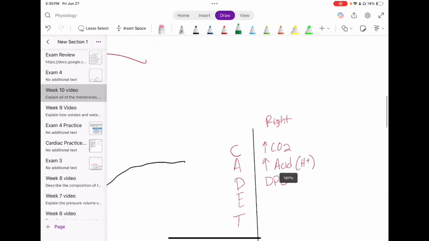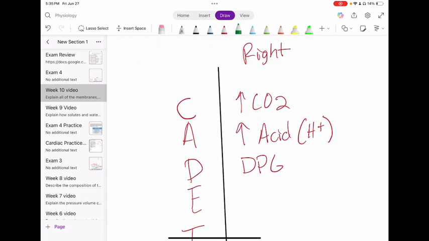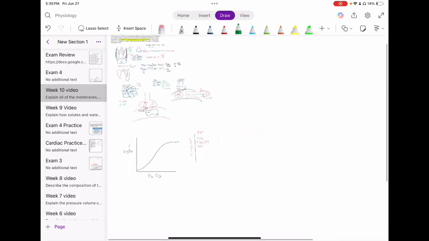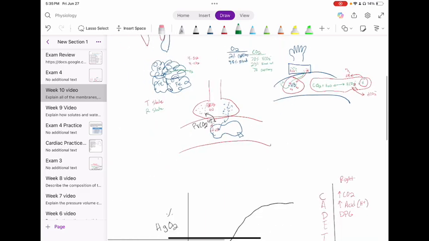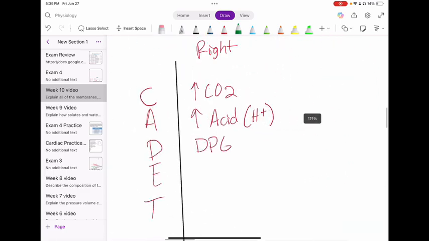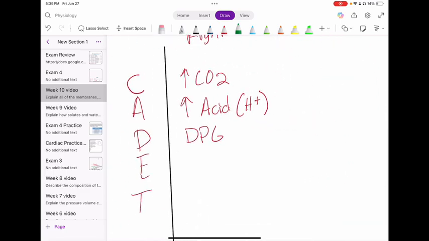So what this DPG does is it allows for an increase of the T state, which means that it allows, like we're talking about right here, more carbon dioxide to come in, kick off the oxygen, and replenish it to the cell. So it will in turn affect breathing rates.